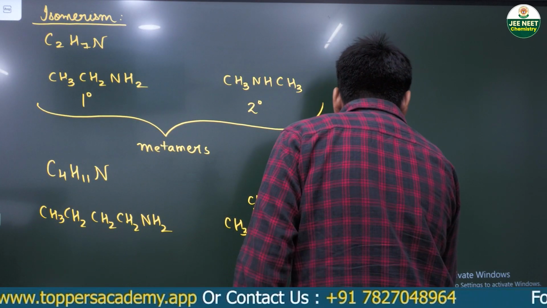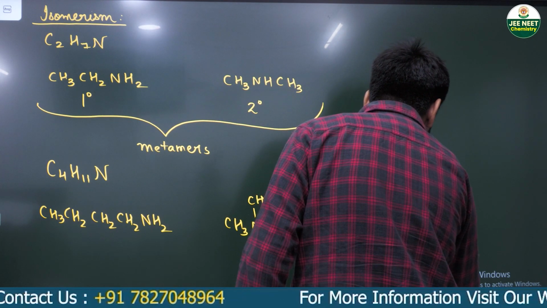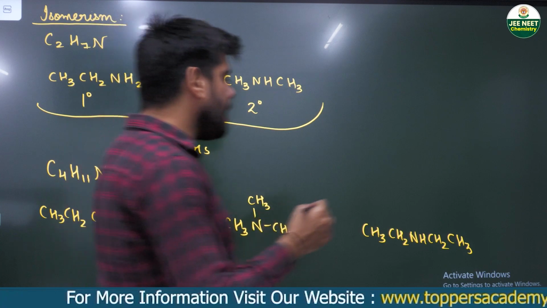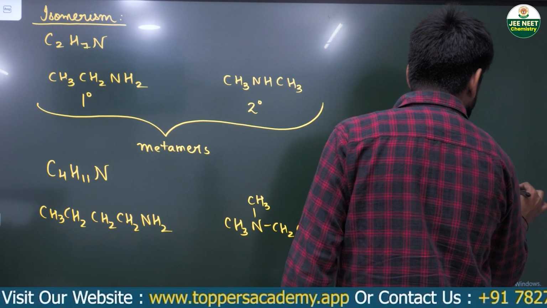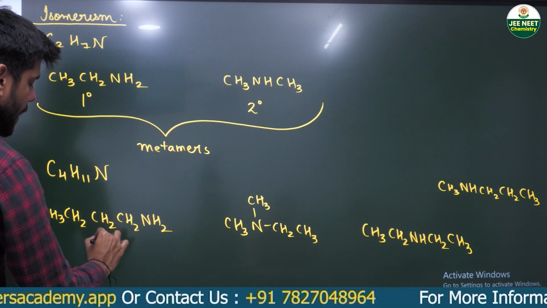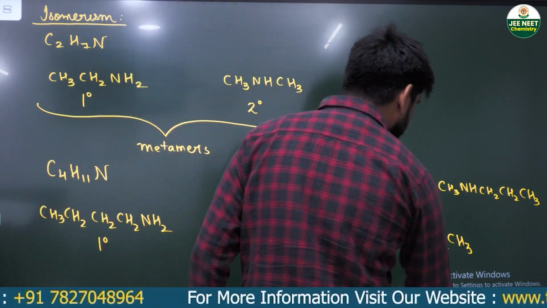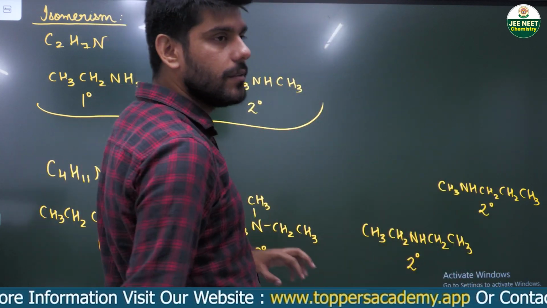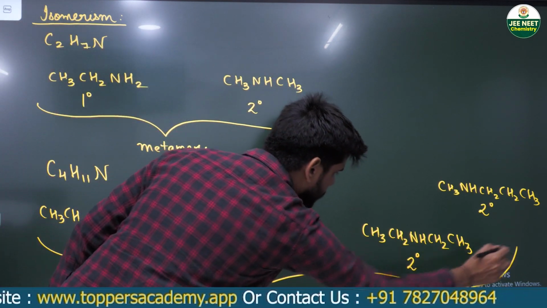Another structure is CH3CH2NHCH2CH3. This is also possible. And what about CH3NHCH2CH2CH3? Which amine is this? 1 degree. What about this? 3 degree. And what about this? 2 degree. And can I say all of them are metamers? They are also your metamers.